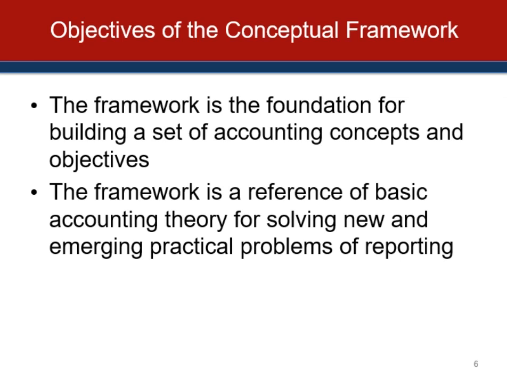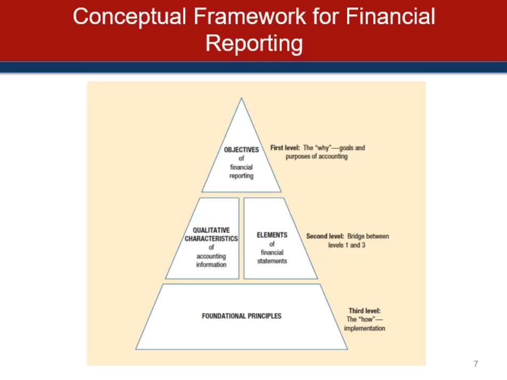The framework will consist of 3 levels, and we'll talk about those in a moment. The first level would be the objectives of financial reporting. So that's the top of the pyramid in this slide, the objectives of financial reporting. And the second level then provides the qualitative characteristics that make accounting information useful. So we're focusing once again on the users of financial information. And we also talk about the elements of financial statements.